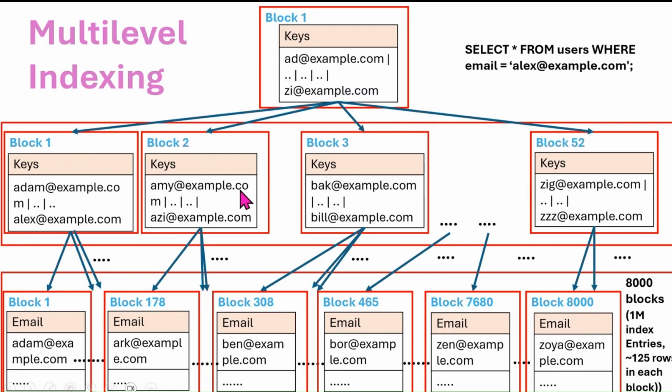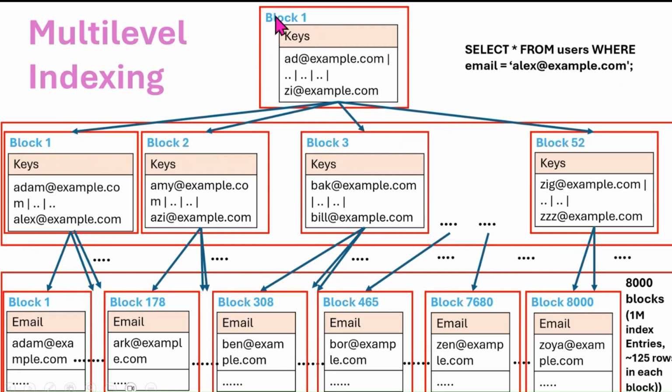Okay? So in multi-level indexing, a tree-like data structure is used, and that is why the B tree and B plus tree come into the picture. This is nothing but the B tree or B plus tree. Now, before understanding the B tree and B plus tree, let's understand the structure here first.